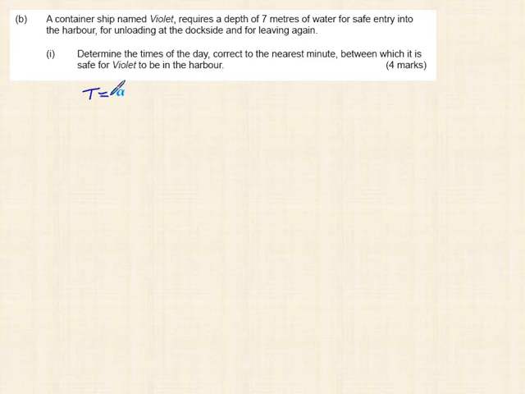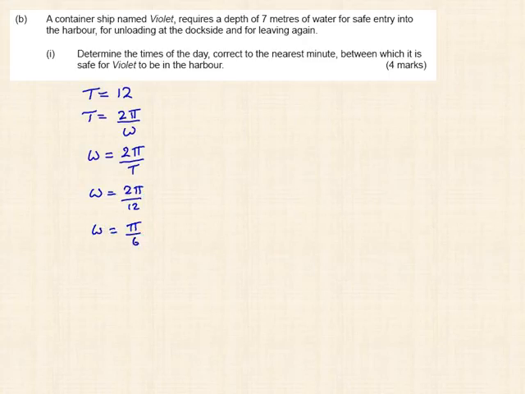We know the period of the motion is 12 because we had 2 complete oscillations in 24 hours. We also know that T is 2π over ω, and therefore ω is 2π over T. ω would be 2π by 12, so ω is π by 6.